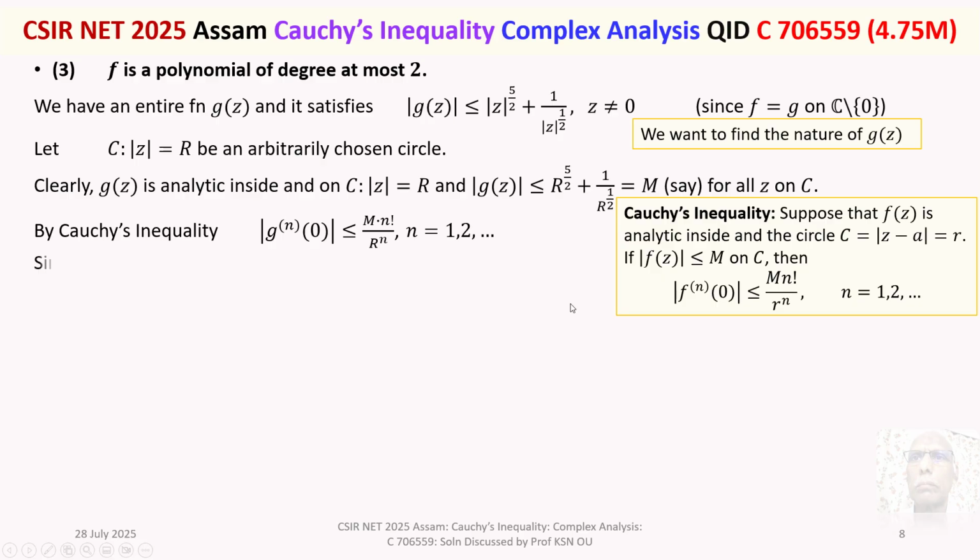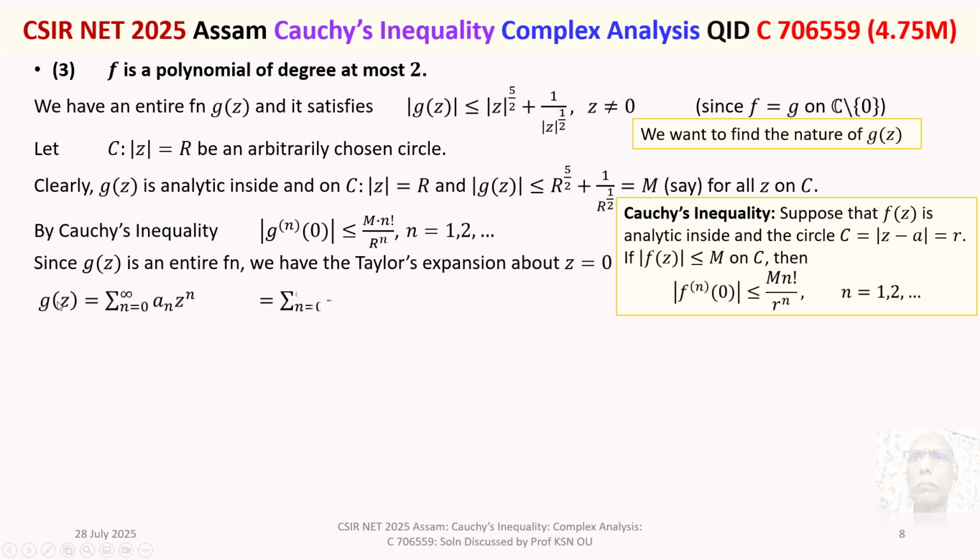Agreed. Now, g of z is an entire function, and it is analytic even at z equal to 0. So we can write down its Taylor expansion about z equal to 0. This is the Taylor expansion: g of z is equal to sigma n equal to 0 to infinity a n into z to the power of n, where a n is the nth derivative of g at 0 by n factorial.